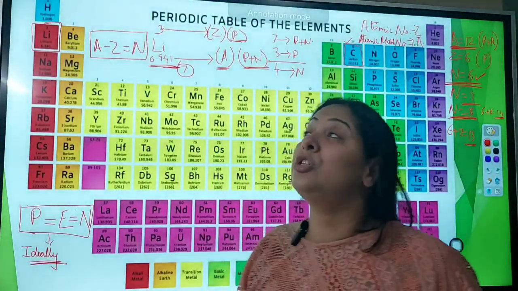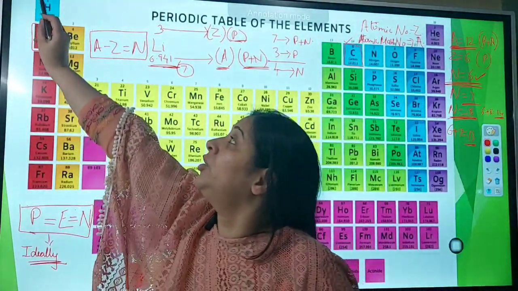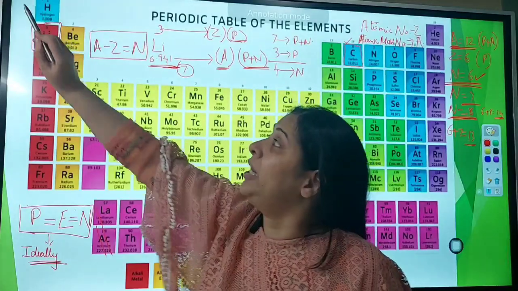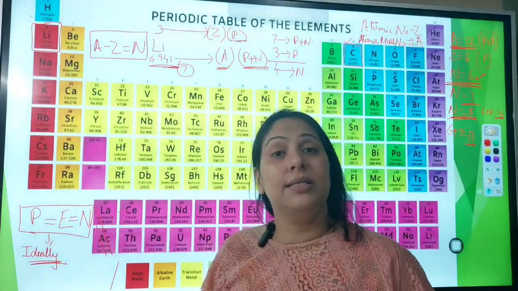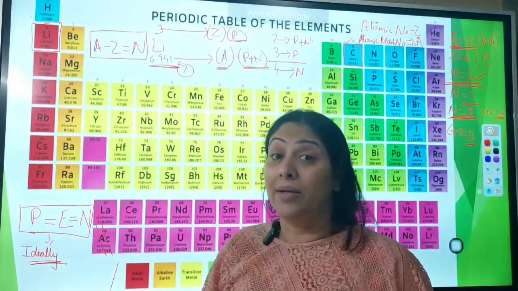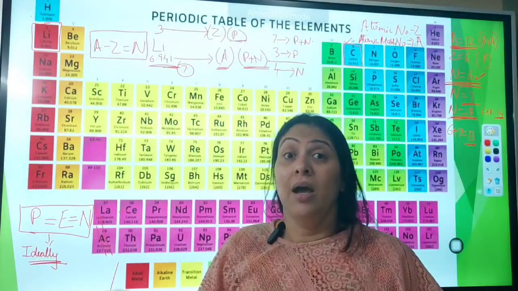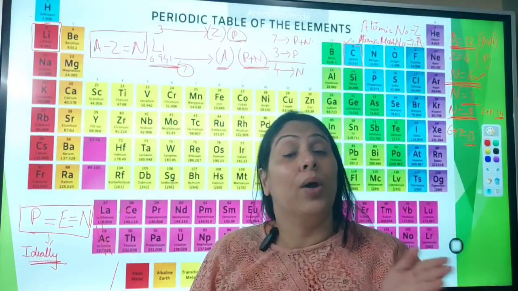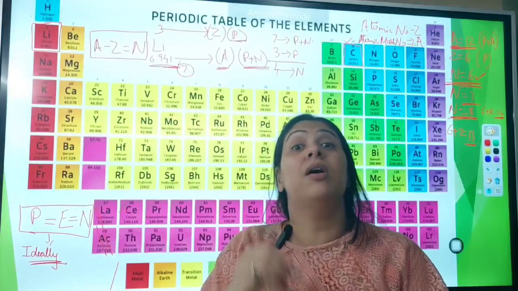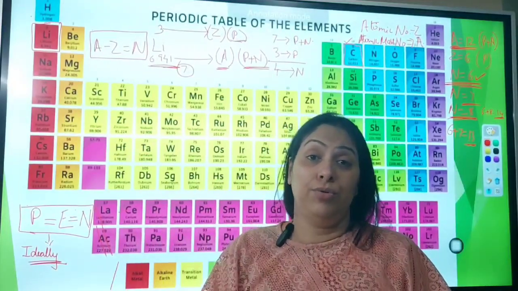Similarly it goes with hydrogen also. If you say atomic number and atomic mass number is the same, 1 and 1, that means it has no neutrons, correct? It has no neutrons. However, it can have a neutron.